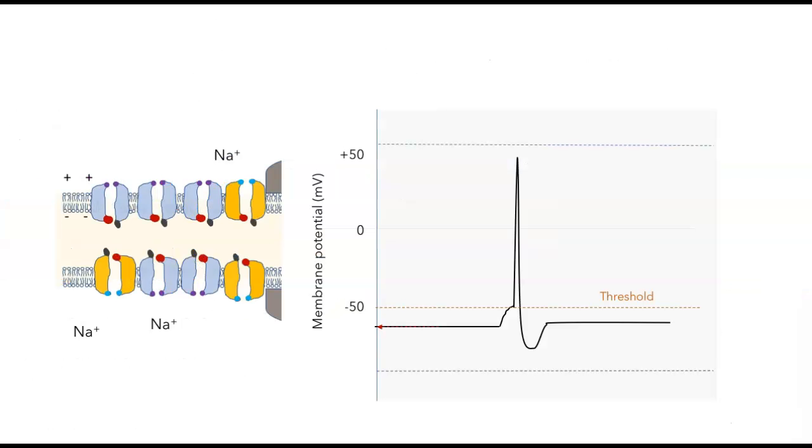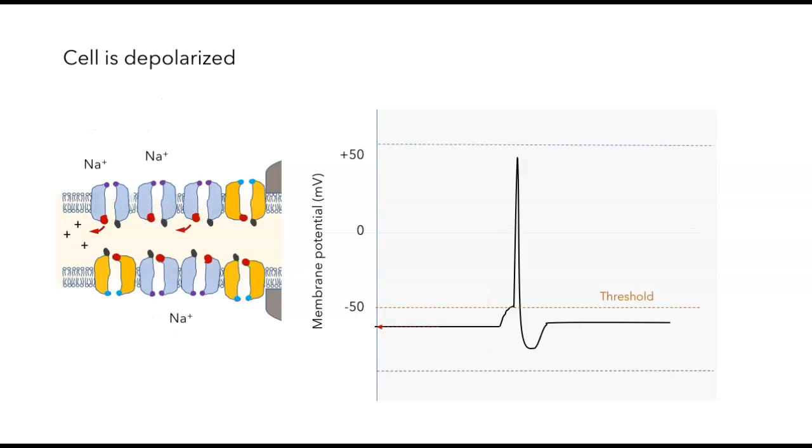All right, let's look at the action potential and see what happens, beginning with what's going on in the resting phase. So when the cell is at rest, there is no action potential happening, and the reason for this is because the voltage gates are closed. The voltage gates are closed, nothing can move, no ions are moving back and forth, it's resting.